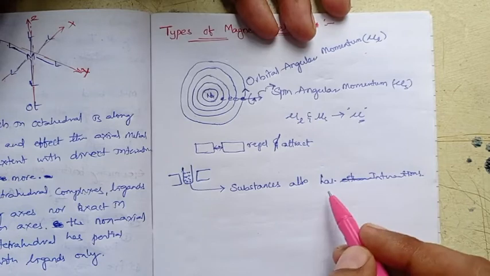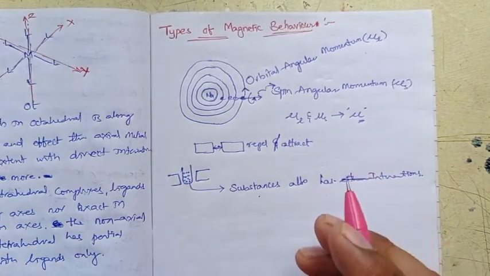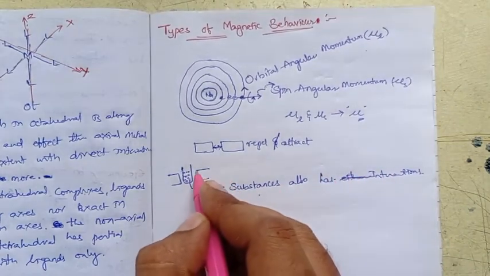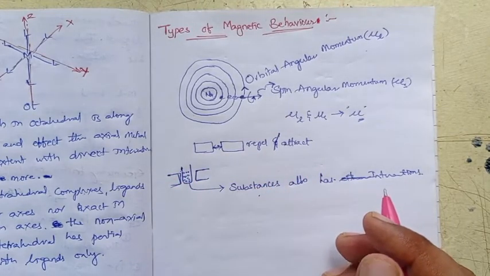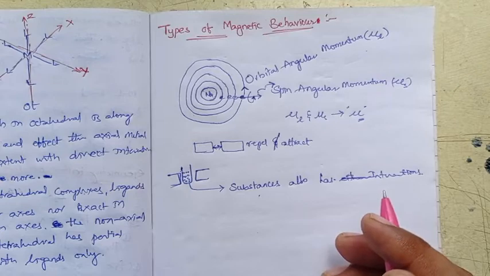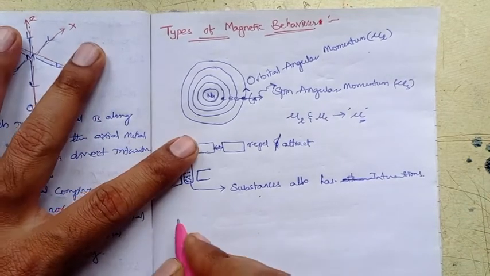Based upon the substance's interaction with the external magnetic field, the substances are broadly classified into two types.